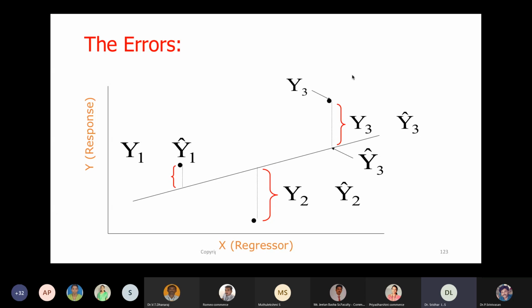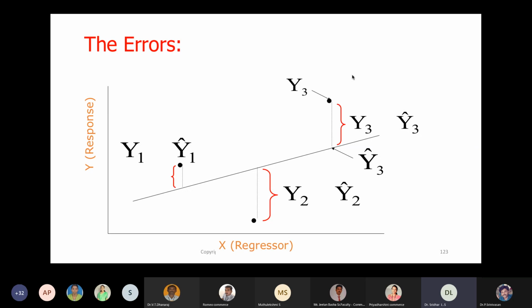Before that, we need to understand what the term errors is. If you establish a relationship y = a + bx, the term that is called the error stands for unidentified or undiscovered variables.